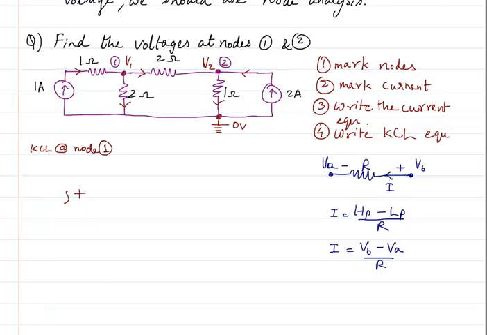See, it is incoming to node V1, so it is positive. Similarly, this current is going to be out of the node, it's coming out of the node, so this one I will write it as negative current. Similarly, this one also, since it is going out, I will write this as negative current.